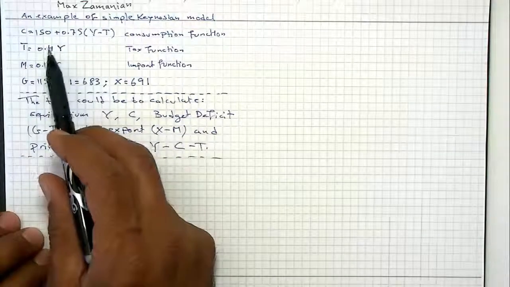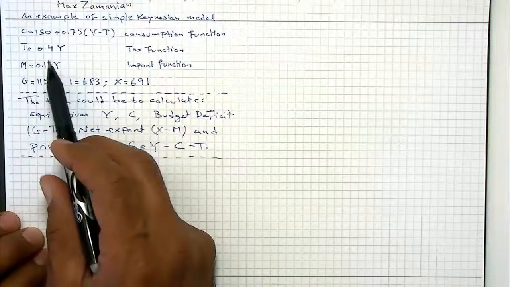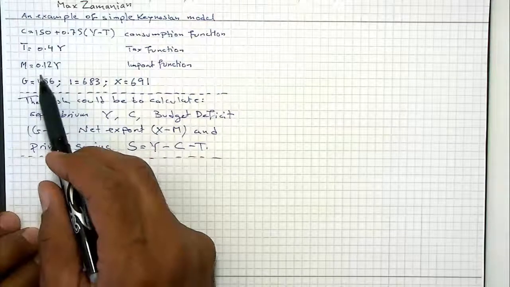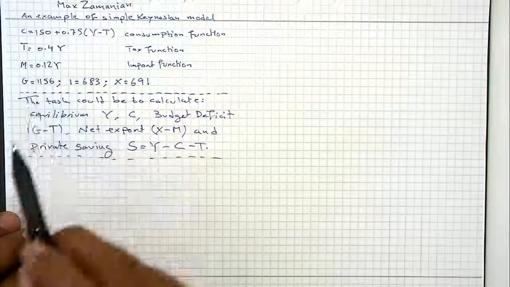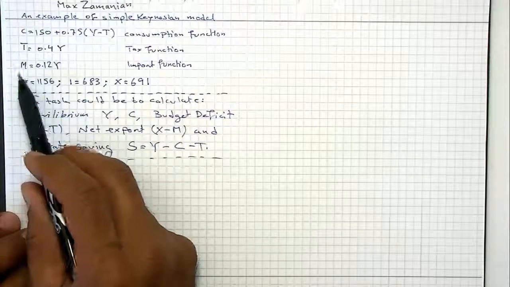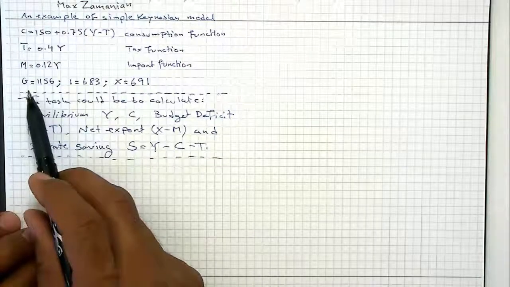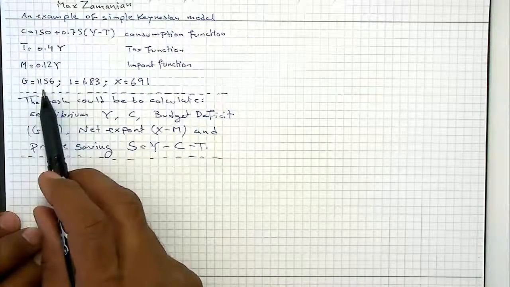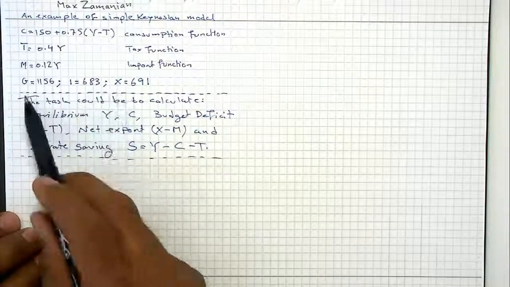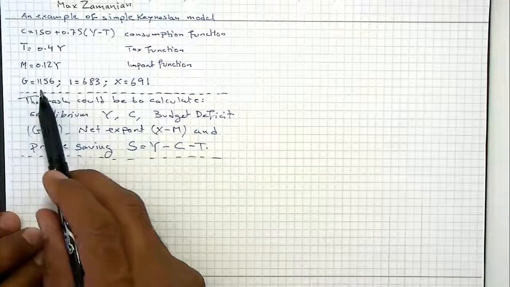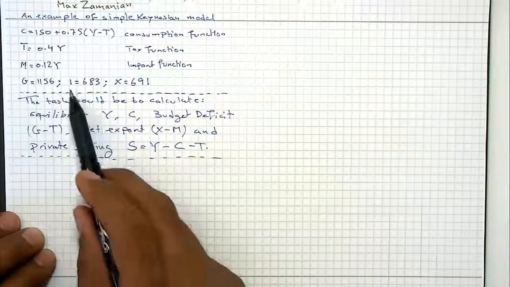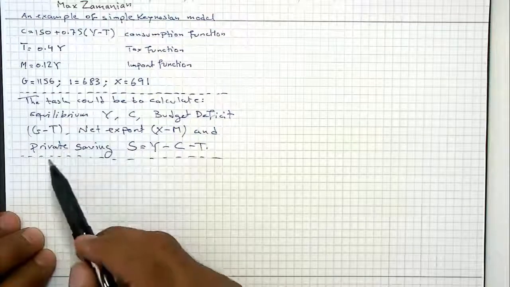Normally you are given the consumption function, tax function, and an import function assigned m, and then you have these so-called exogenous variables: government expenditure, private investment, and export.